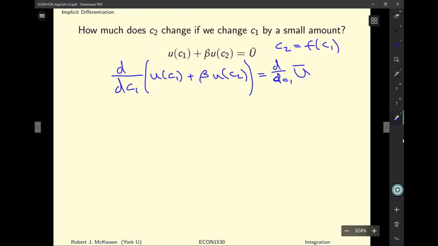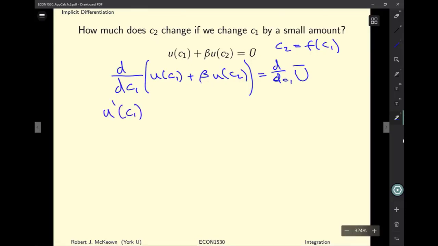Now, we've got a bar on the u just so you recognize that it is just some number, some quantity. It's a constant, and like a constant, it's going to disappear when we take the derivative of it with respect to C1.